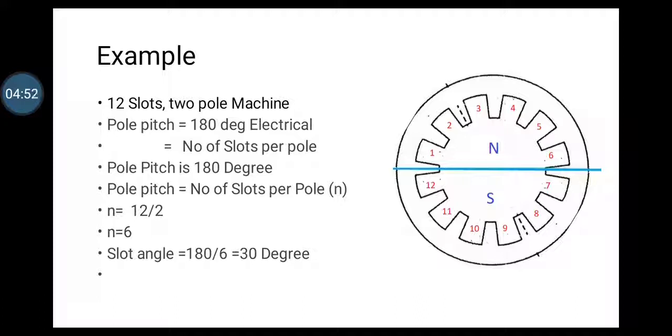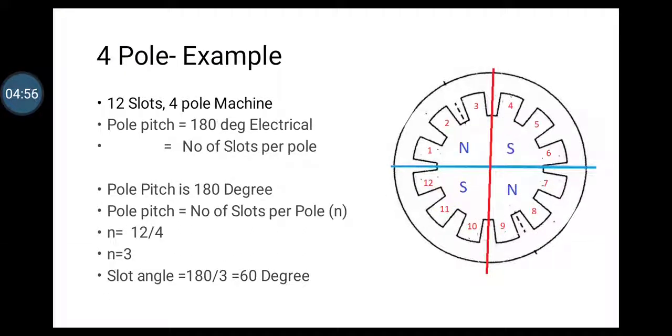The same case for 4 poles. Here the pole pitch is equal to 180-degree, irrespective of poles, and the number of slots per pole is 12 divided by 4, which is 3, so n equals 3. To find the slot angle, 180 divided by n equals 60-degree.